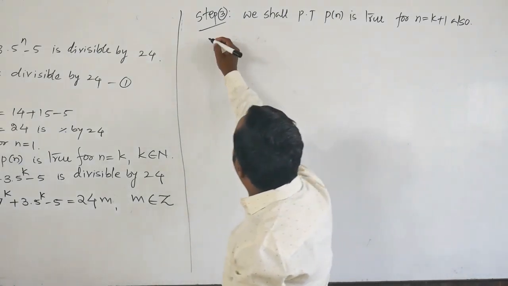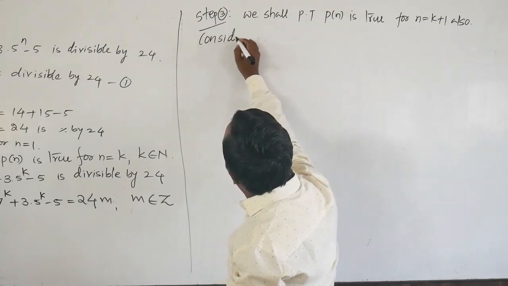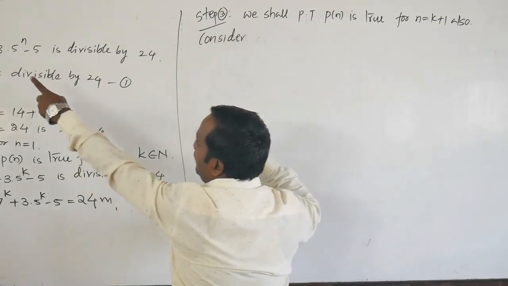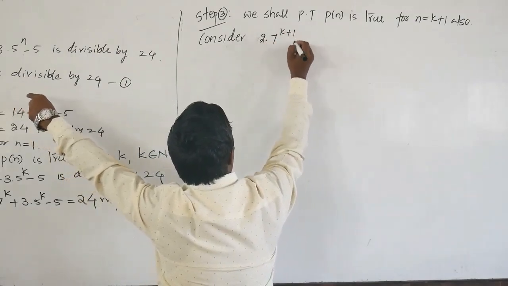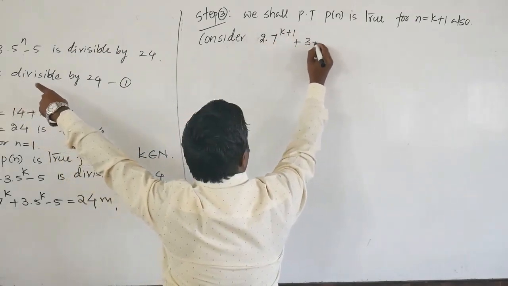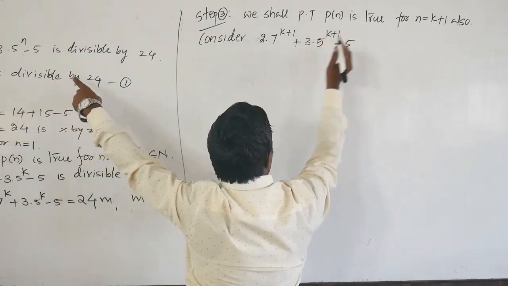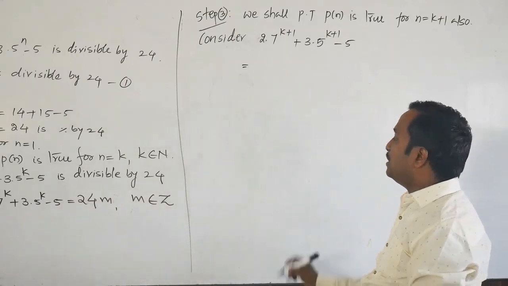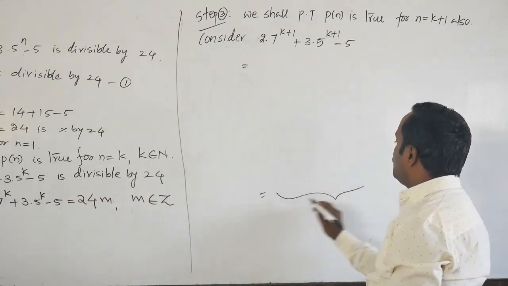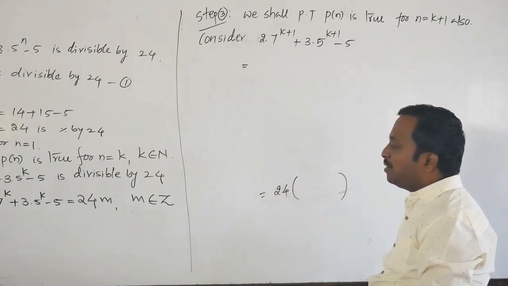That is, 2 into 7 raised to k plus 1 plus 3 into 5 raised to k plus 1 minus 5. It is divisible by 24. In the end, the answer should be 24 into some number.